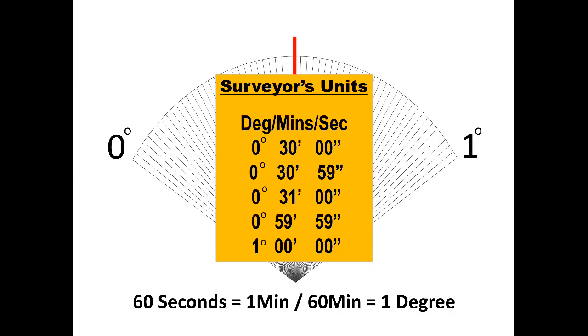However, between 30 minutes and 31 minutes, you would have 60 different seconds. If I go to the second to last second before the 31st minute, then that would be read as 0 degrees, 30 minutes, 59 seconds, and then 1 second more will take you to 31 minutes. Am I losing anybody?